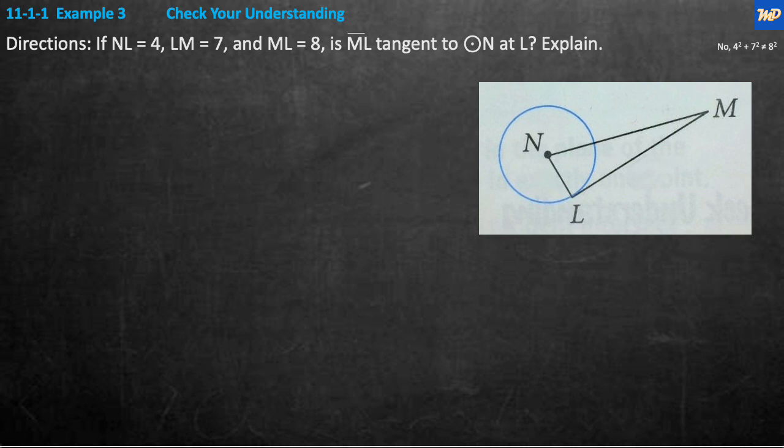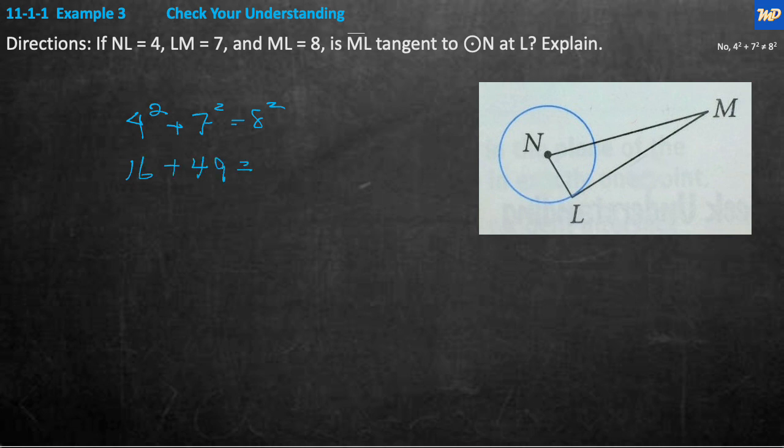So again, I would say we're going to use the Pythagorean theorem. So we're going to say, is 4 squared plus 7 squared equal to 8 squared? Well, let's work it out. 4 squared is 16 plus 49.